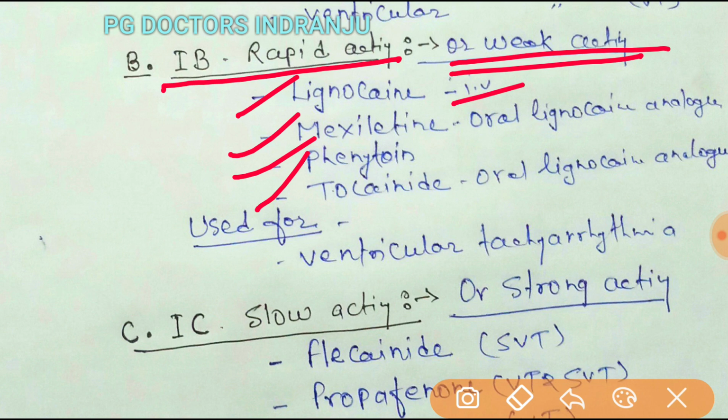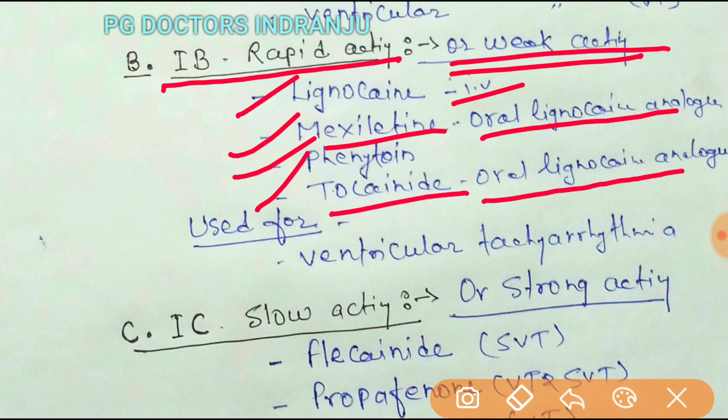Lignocaine is an IV drug, while mexiletine and tocainide are oral lignocaine analogs, used for ventricular tachyarrhythmia.